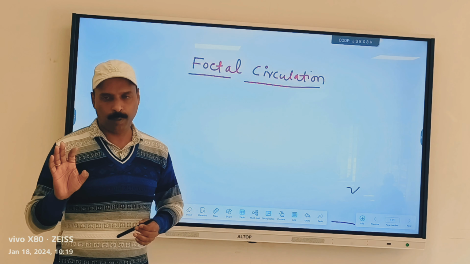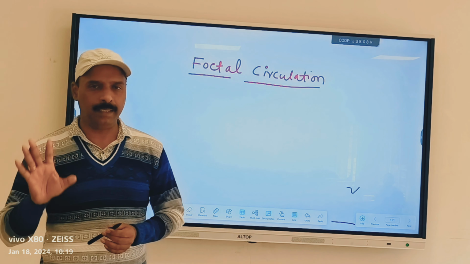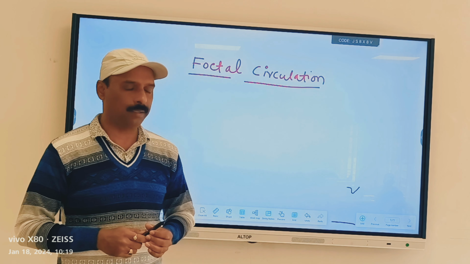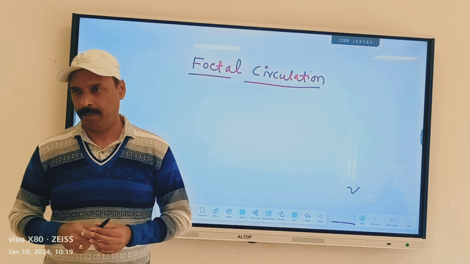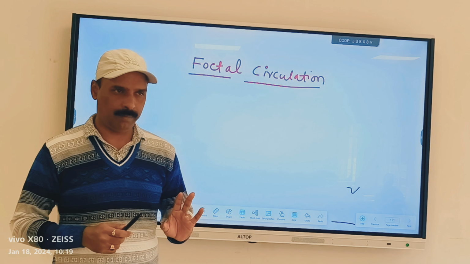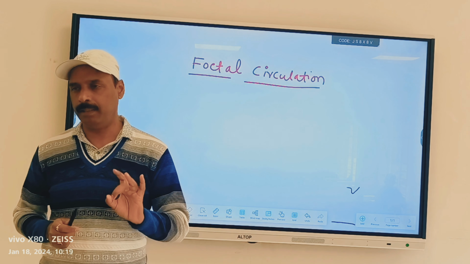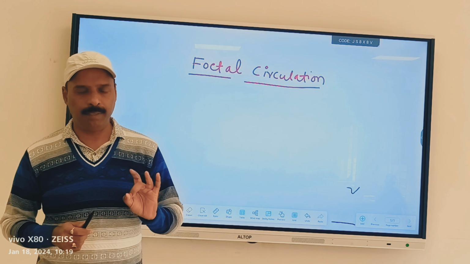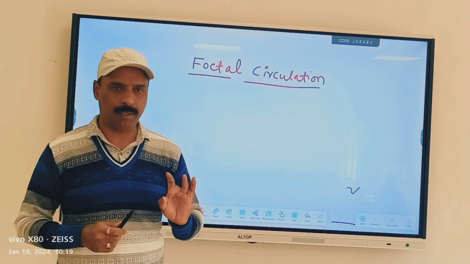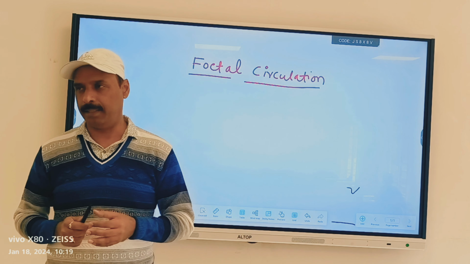The placenta is one of the important organs for oxygenation, the lungs are non-functioning, and it bypasses the portal circulation. Second, the lungs are non-functioning, and the placenta acts as a respiratory organ because oxygenation is done there.